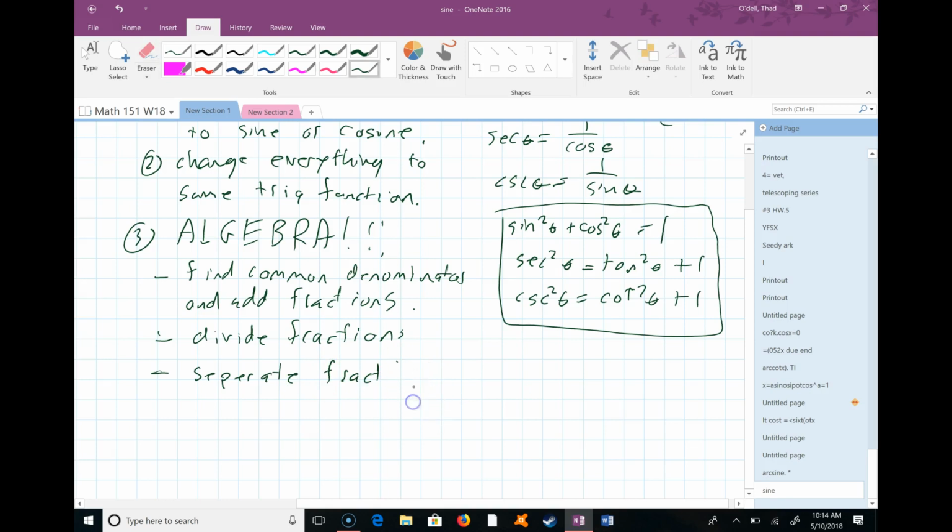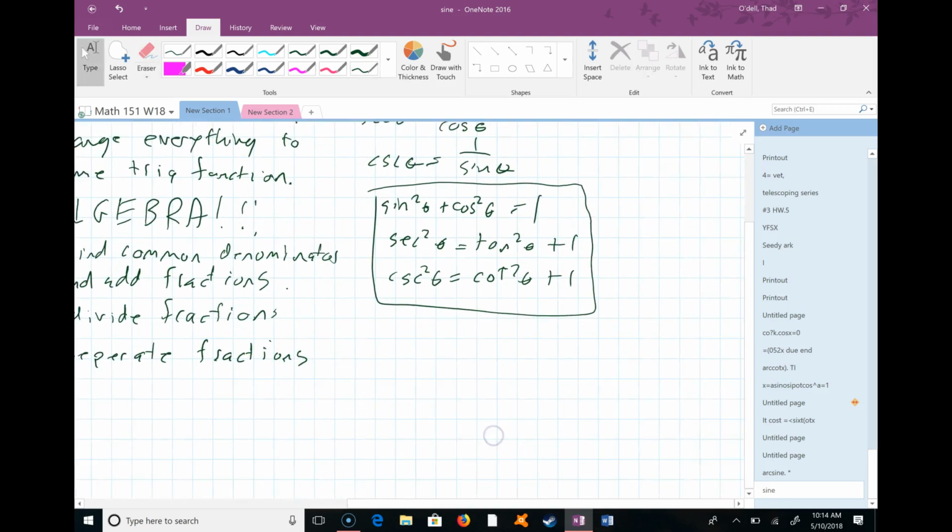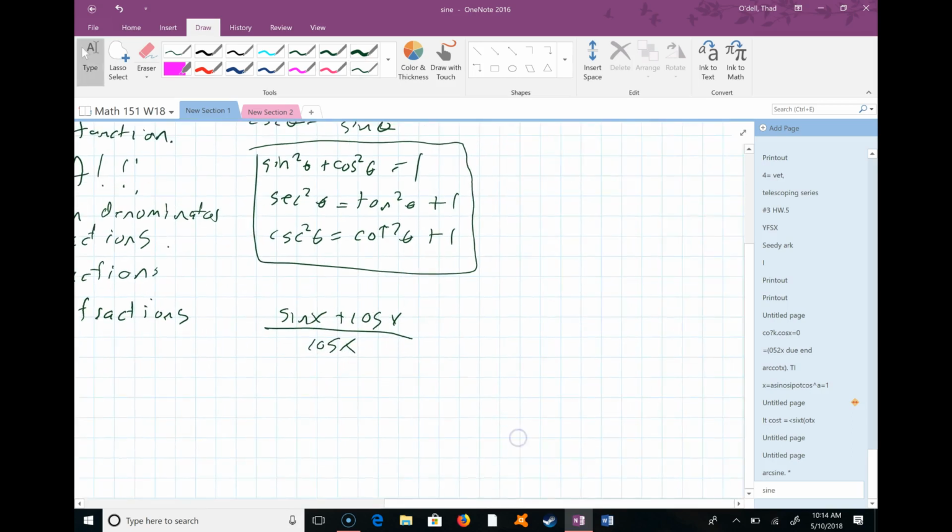What on earth do I mean by that? For example, if I have sine x plus cosine x over cosine x, I could rewrite that as sine x over cosine x plus cosine x over cosine x, couldn't I?